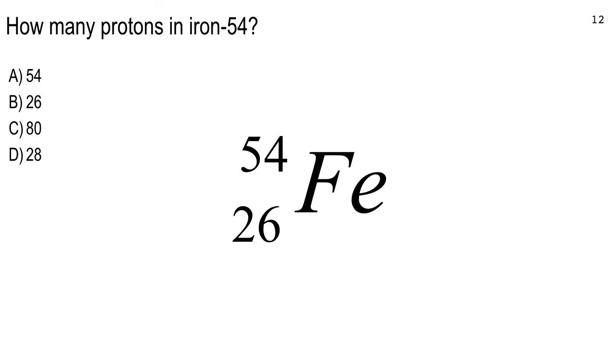Ten seconds to vote. 10, 9, 8, 7, 6, 5, 4, 3, 2, 1, 0. Hold it. Come on, you guys, make a vote. All right, click. Yeah, most of you guys got that, 91%. Yeah, 26. That's what that lower number tells you.